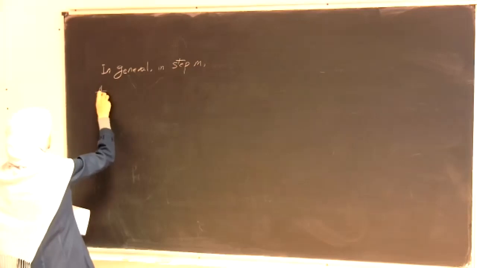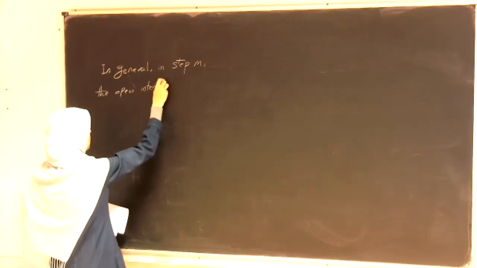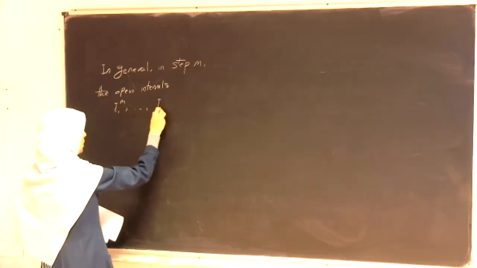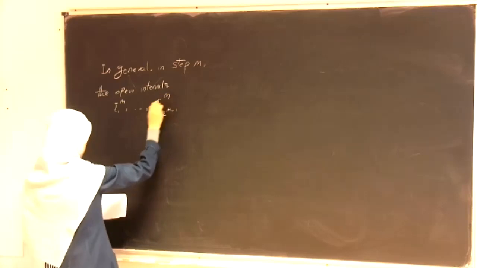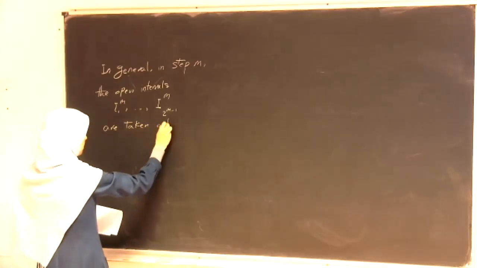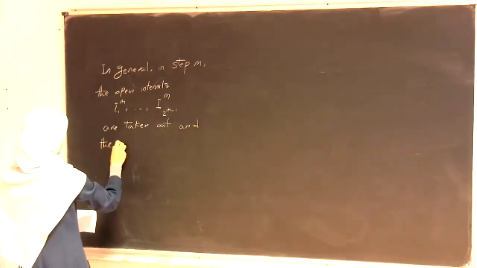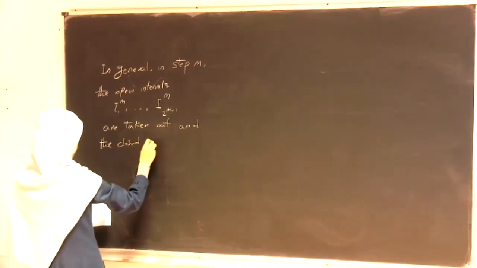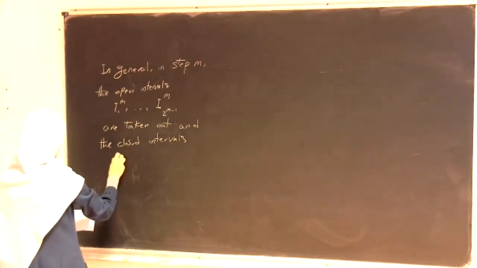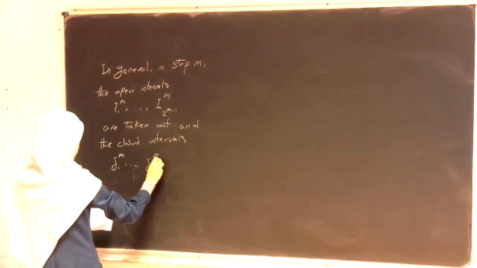The open intervals I1m to I(2^(m-1))m are taken out, and the closed intervals J1m to J(2^m)m remain.